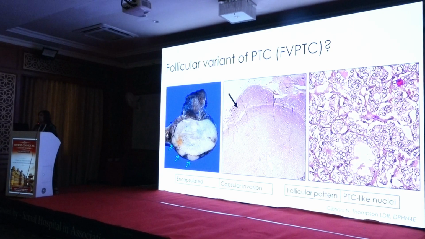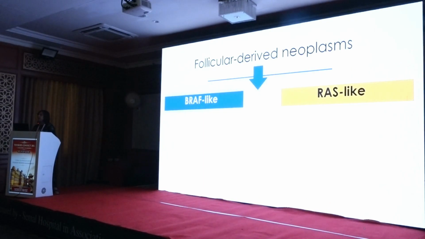So before I go on further, I will have to explain a little bit of the biology of thyroid follicular-derived tumors. Now we know all these papillary thyroid carcinomas as well as the follicular thyroid carcinomas can broadly be divided into two categories: those which are BRAF-like, mainly having BRAF mutation, and those which mostly have RAS-like mutations.